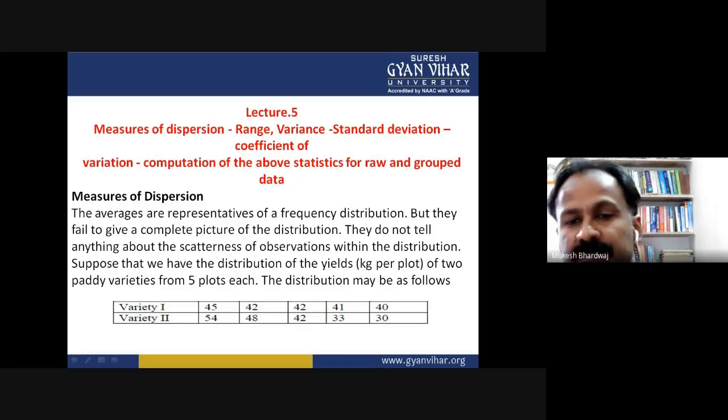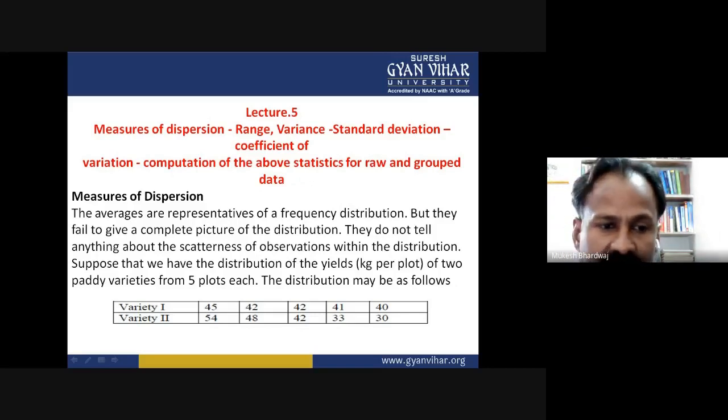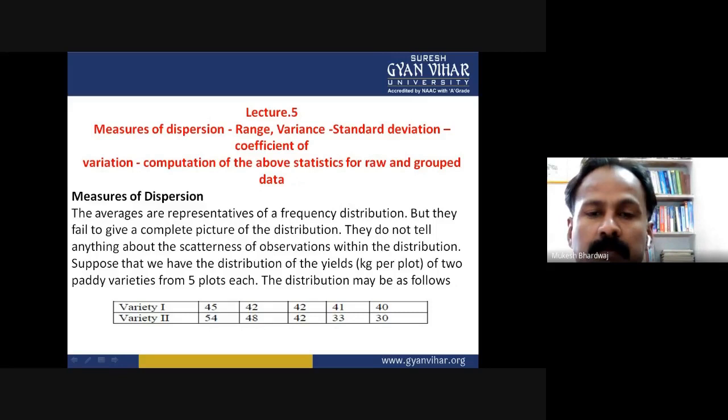Suppose that we have the distribution of the yield per plot, kg per plot, of two paddy varieties from 5 plots each.